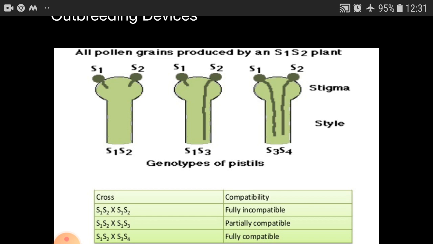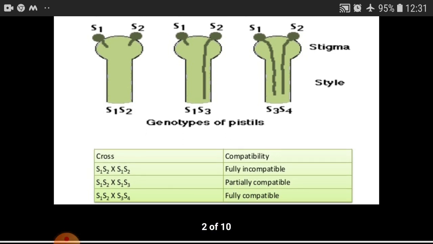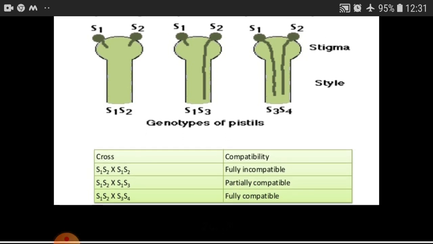The incompatibility is achieved by genetically controlled physiological and morphological processes such as prevention of pollen germination, inability of pollen tube to penetrate into the stigma.